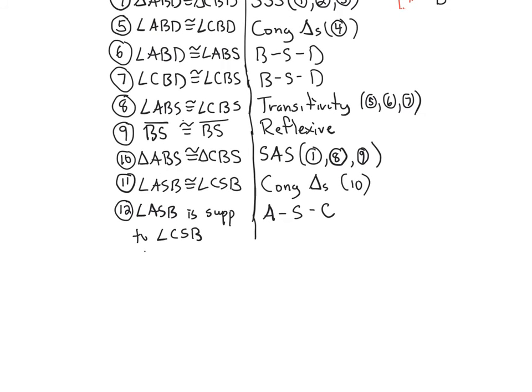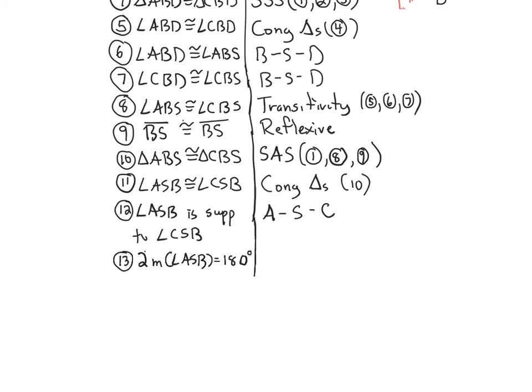So we have two congruent supplementary angles. So that tells us that 2 times the measure of angle ASB is 180 degrees.